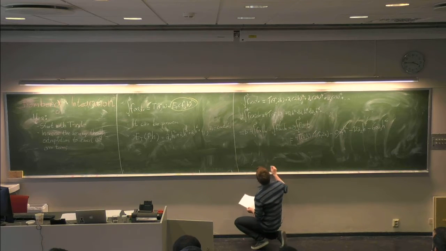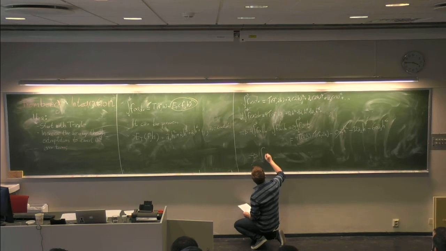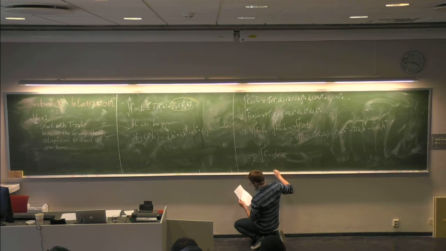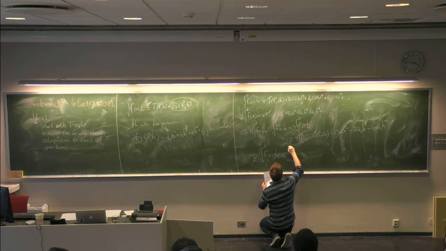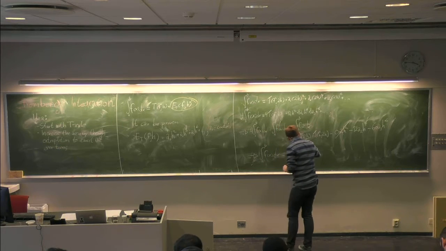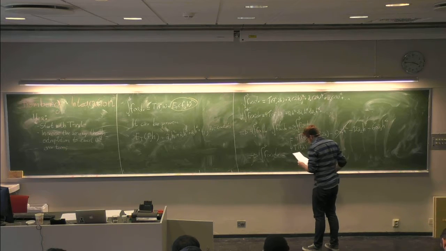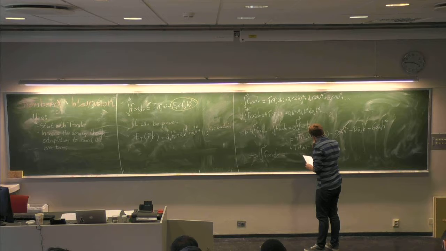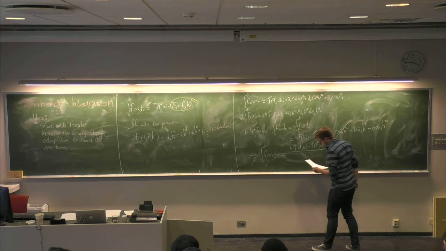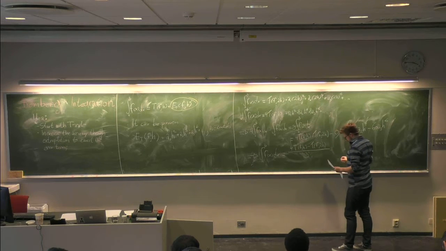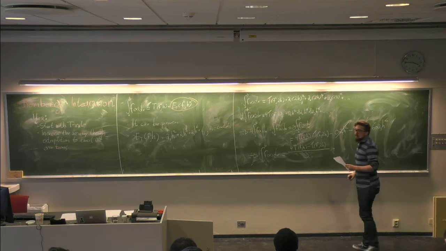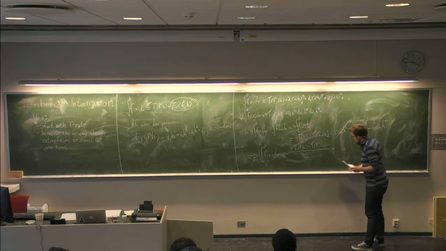Meaning that our new approximation, doing some algebra, is the integral of f of x dx equals 4 T of f with h, minus T of f with 2h, divided by 3. And then I'm lazy and I'm going to introduce some more constants.